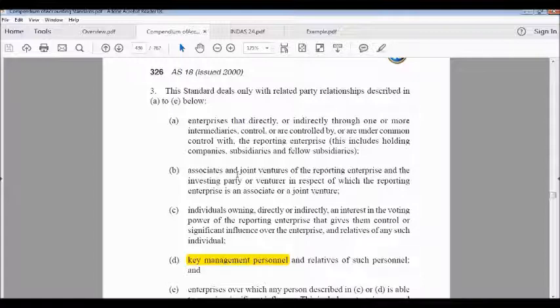So only these entities can be related under existing Accounting Standard 18.